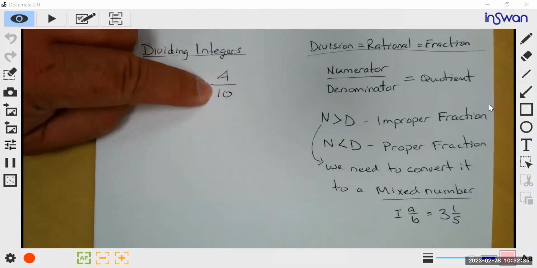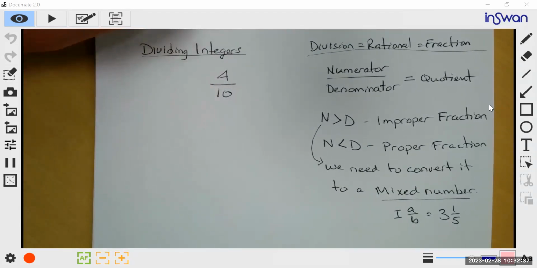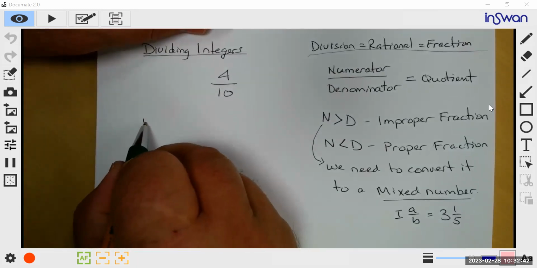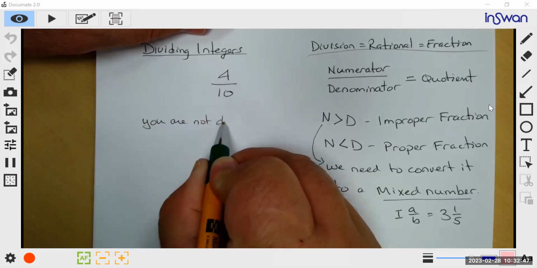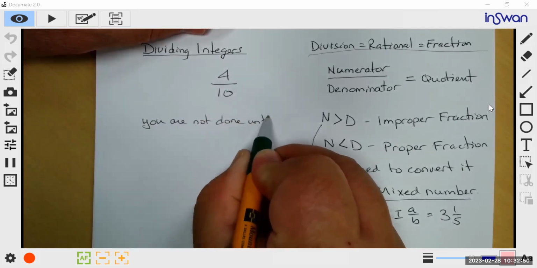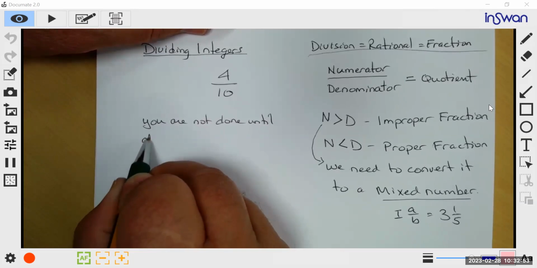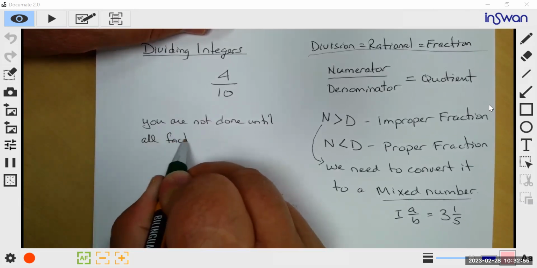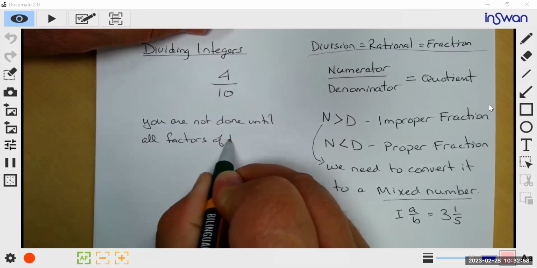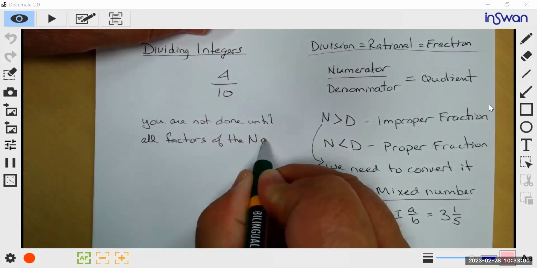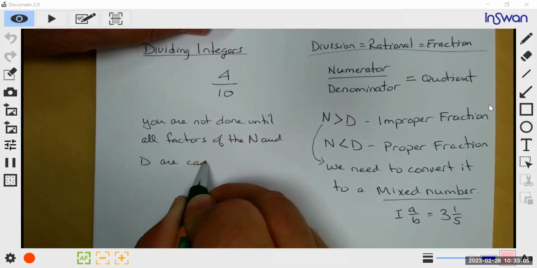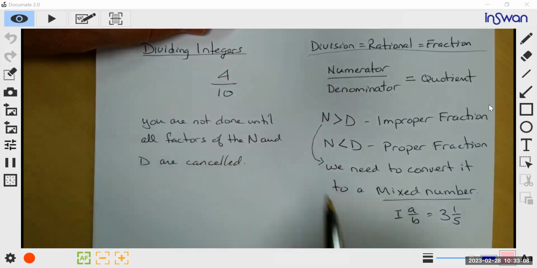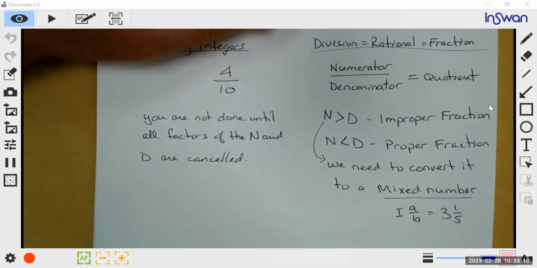So, is this the answer? No. Why not? You're not done until all factors of the numerator and denominator are canceled or removed.